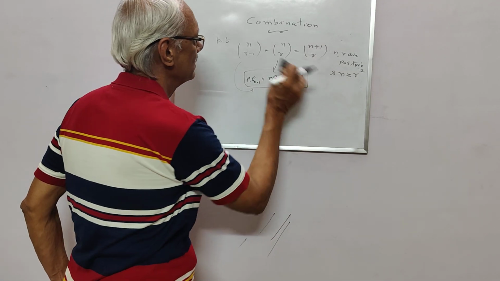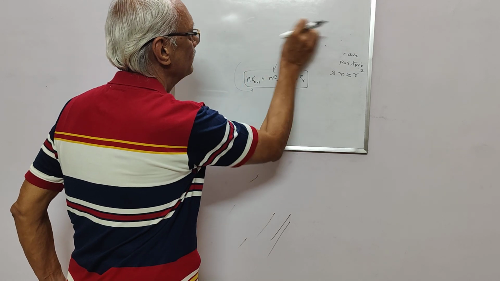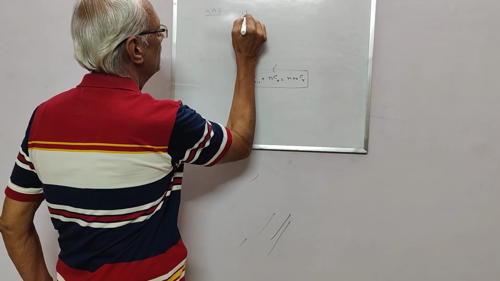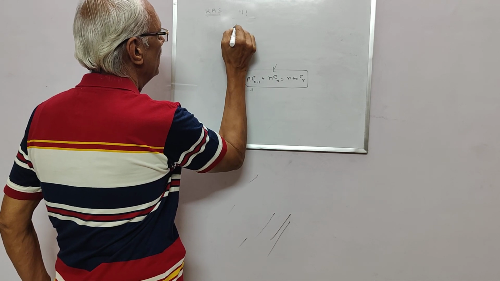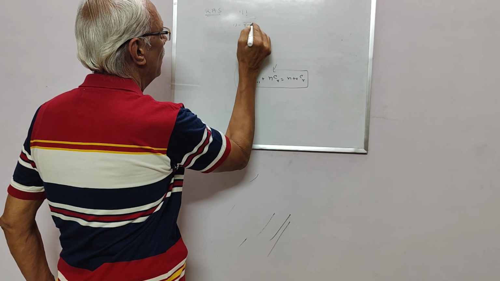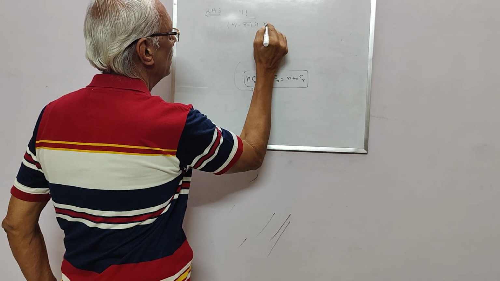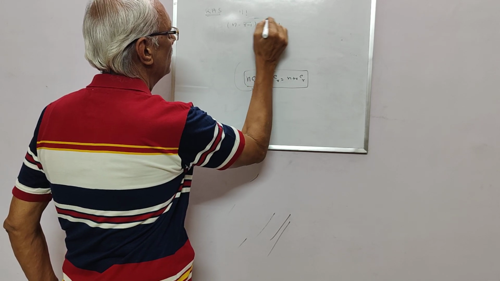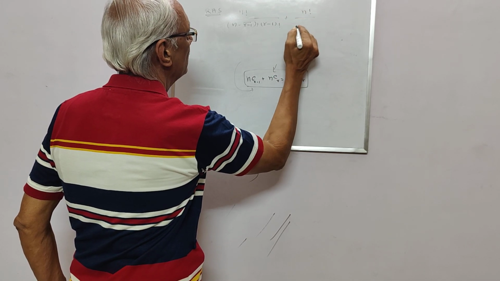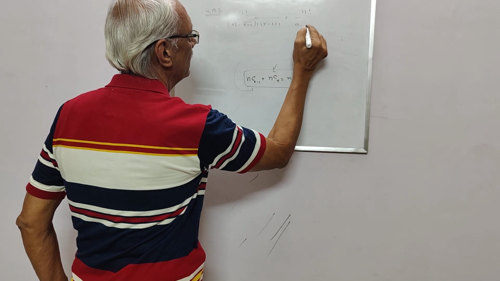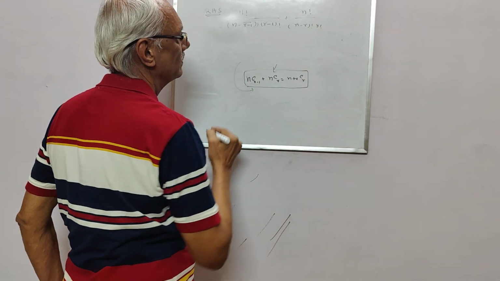Now let me take this. I will take n factorial divided by n minus r minus 1 factorial into r factorial, plus n factorial divided by n minus r factorial into r factorial.